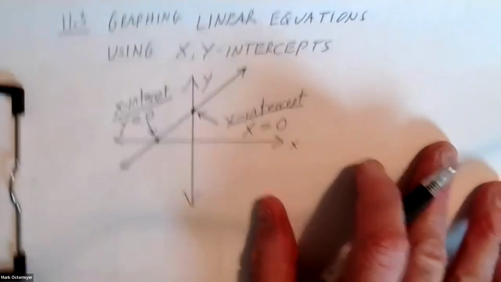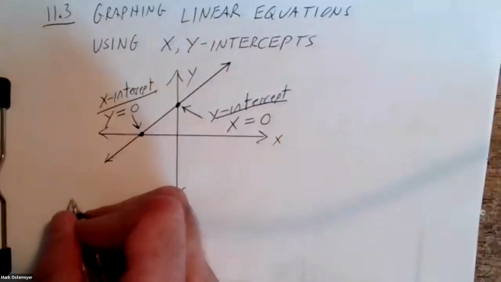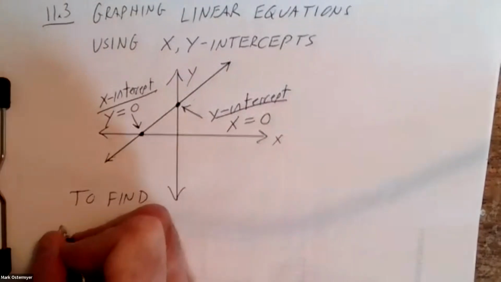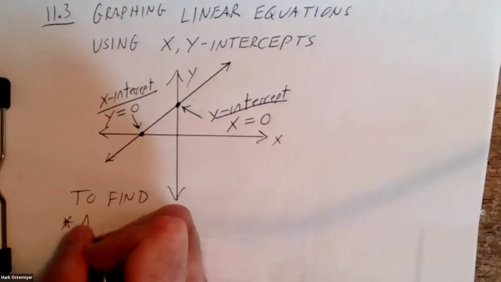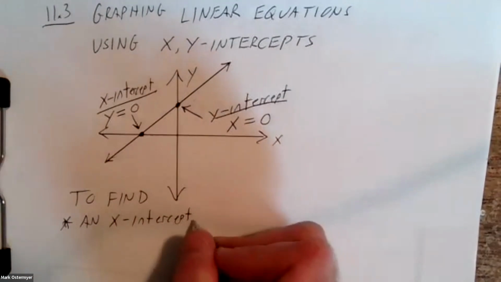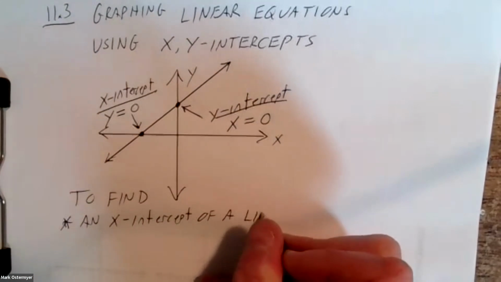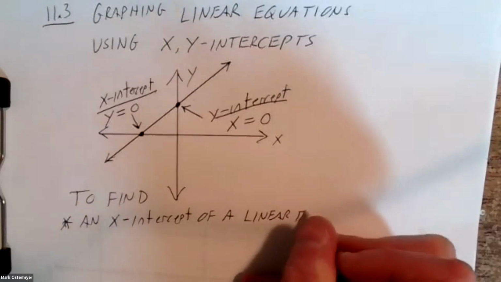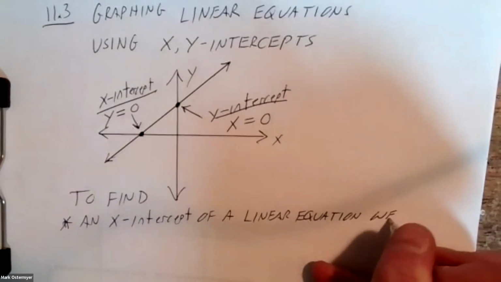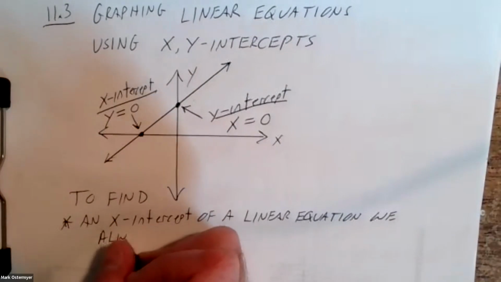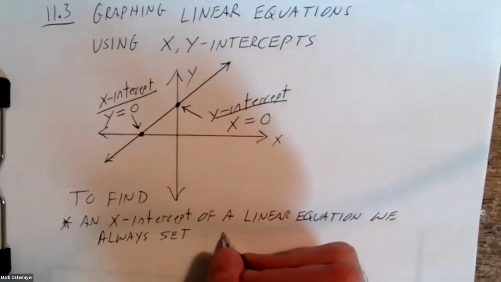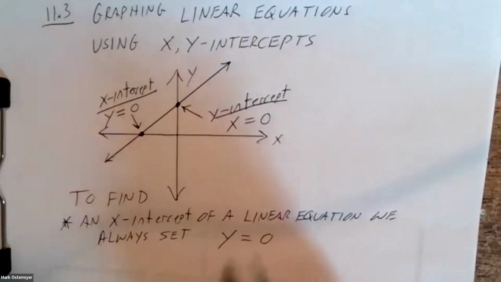So that's how we're going to find x and y intercepts of a linear equation. To find an x-intercept of a linear equation, we always set the y variable equal to 0.